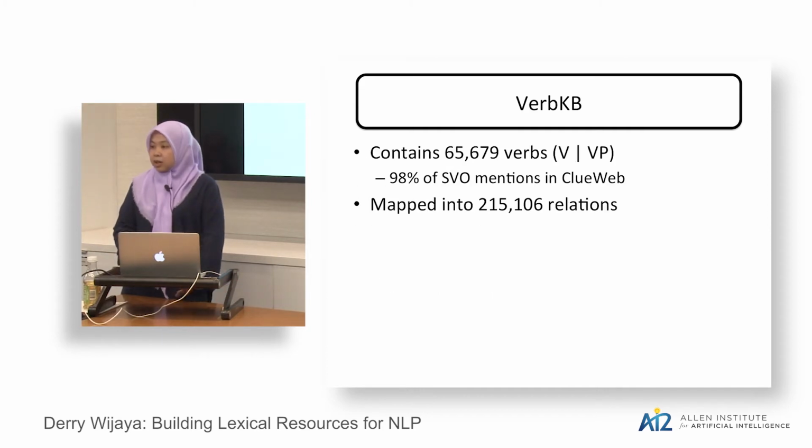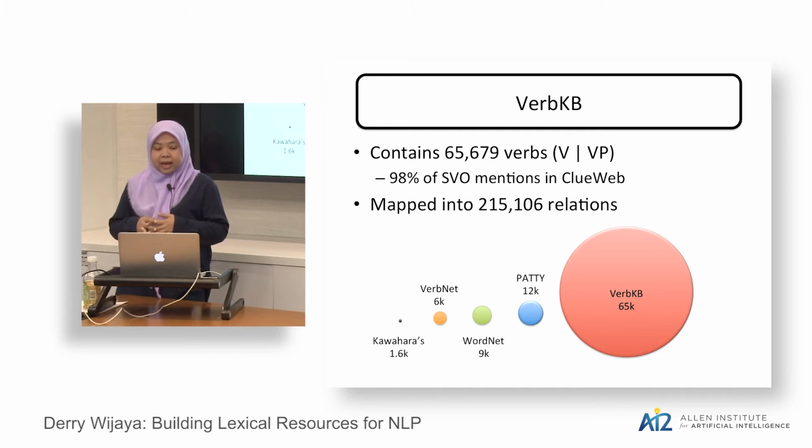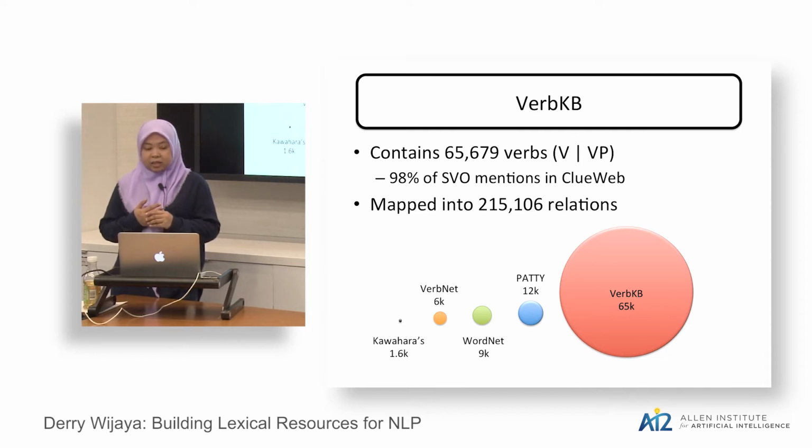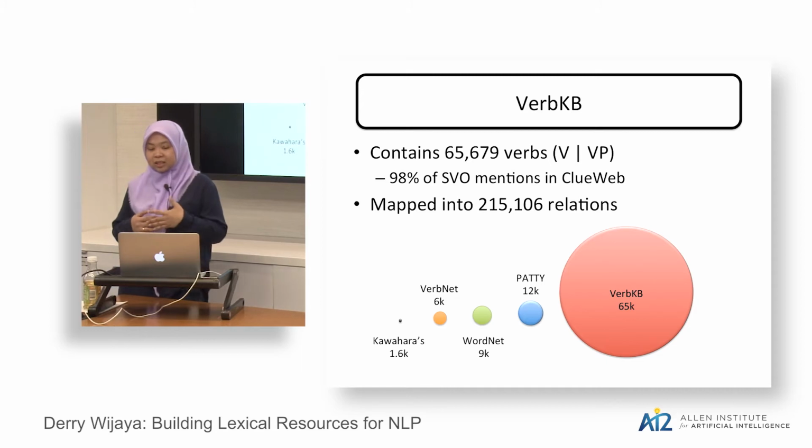The VerbKB contains about 65,000 unique verbs and prepositions, and we map it to about 200K relations. Each is typed with NELL categories and can be organized into a taxonomy based on the NELL hierarchy of categories. To the best of our knowledge, this is the largest verb resource in terms of the number of unique verbs that it contains.